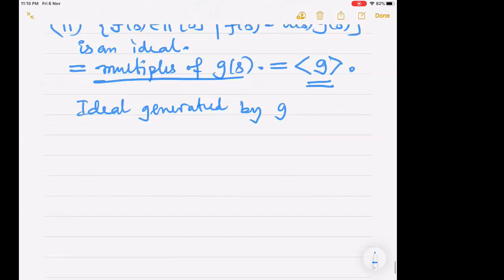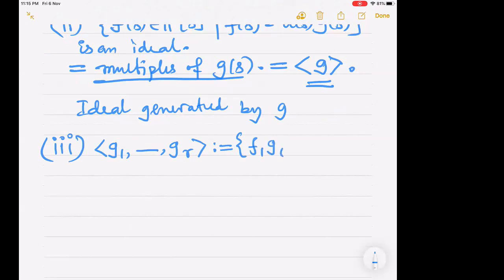Similarly, one can look at ideals generated by more than one element. Namely, we can have something like the ideal generated by g1 up to gr, which is by definition the collection of all polynomials of the form f1 g1 plus and so on up to fr gr, where f1 up to fr are all possible polynomials in the ring.